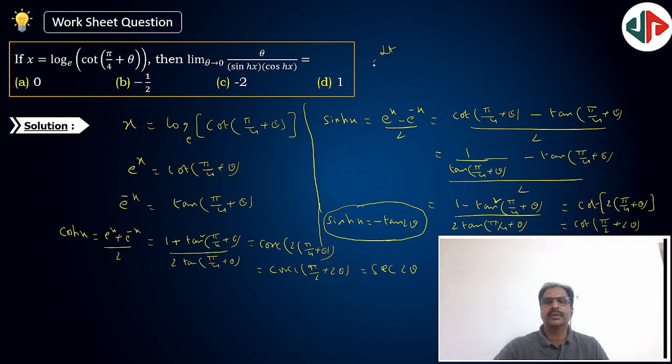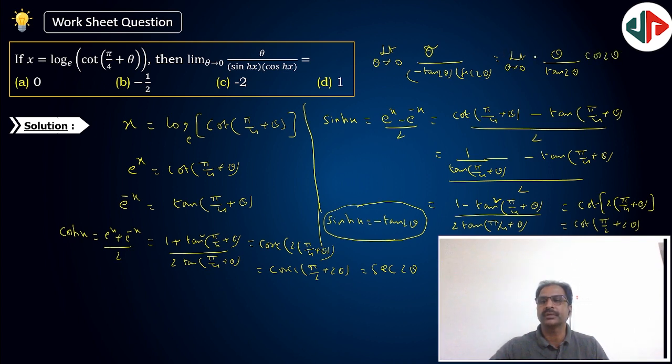Now we have to find the limit as theta tends to 0 of theta by sinh x cosh x, where sinh x is minus tan theta and cosh x is secant theta. That is equal to the limit as theta tends to 0 of theta by tan theta into 1 by secant, which is cos, with a minus sign.